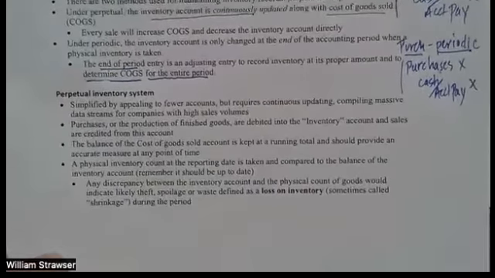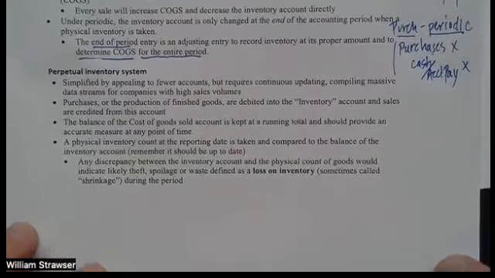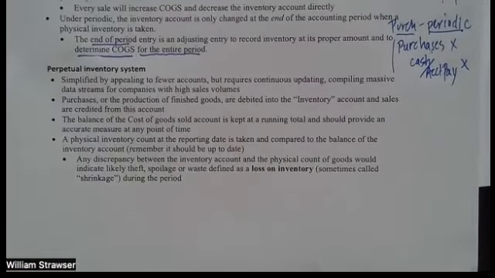So let's talk more about the perpetual system, the one that you're a little more familiar with, the one that's more popular. It's a simplified system. It involves fewer accounts. All we're doing whenever we're doing a perpetual system is always updating the inventory account.